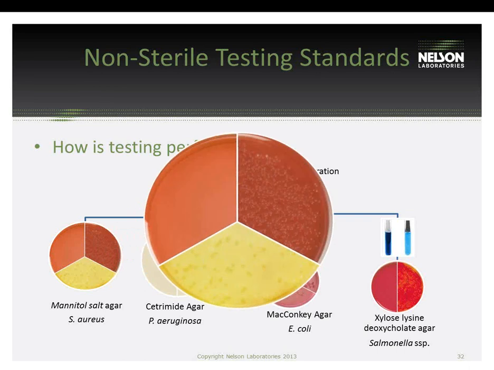So for example, for a Staph aureus strain, the broth is placed onto a mannitol salt agar, which is selective for gram-positive organisms.